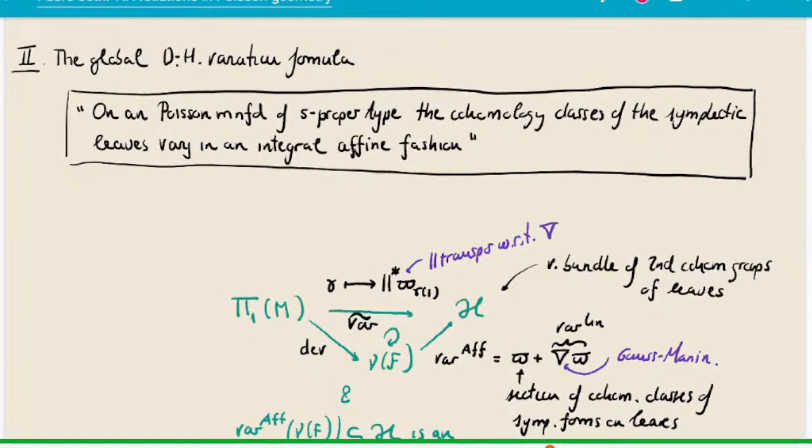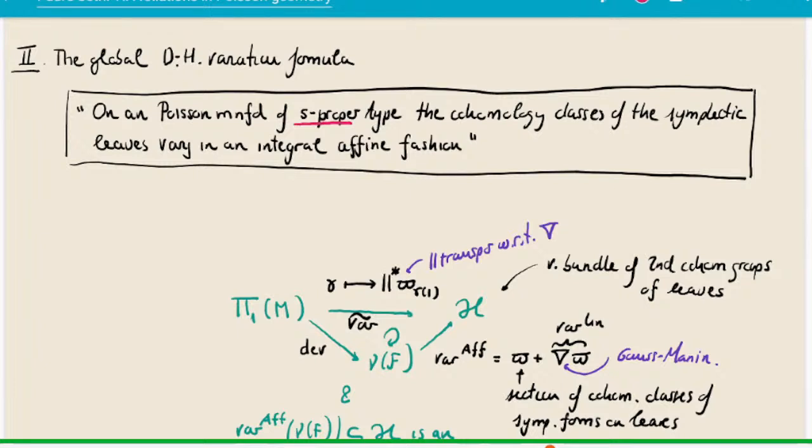Okay, so from there, at least one can state what the global Duistermaat-Heckman variation formula would be. A non-precise statement would be the following. If we have a Poisson manifold of a proper type, and using this condition to make sure that the leaves of the symplectic foliation are compact, so I can have nice control on the second cohomology group and can make sense of a bundle of second cohomology groups.